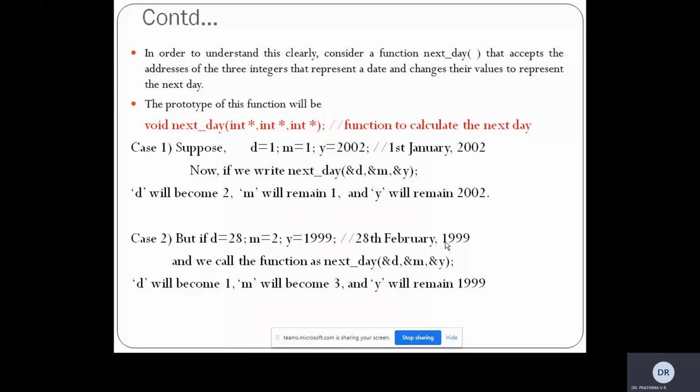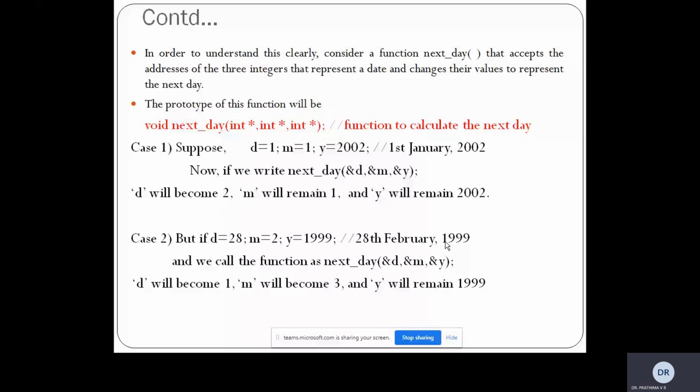The simplest reason is that February, if not a leap year, has 28 days, and the next immediate value following 28 February is 1st March. So I will get m as 3, d will remain as 1, and y will remain as 1999.